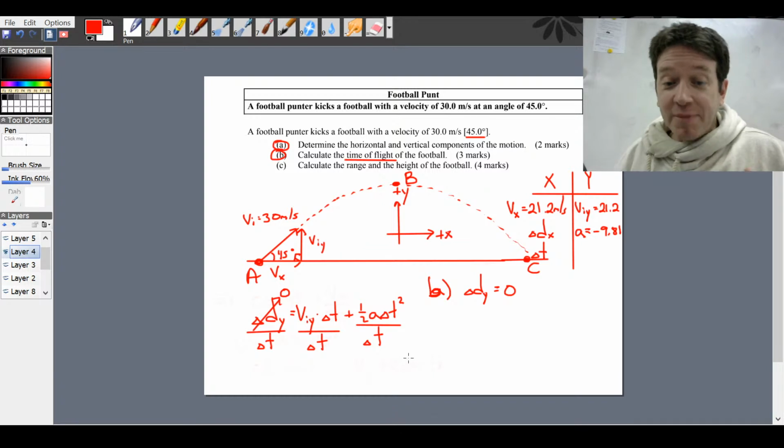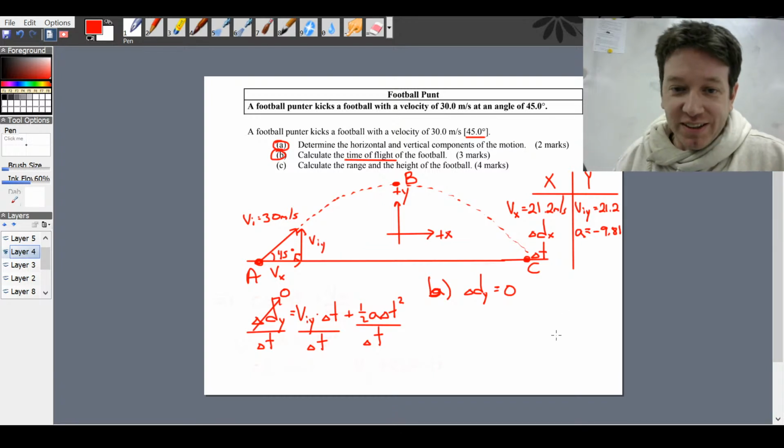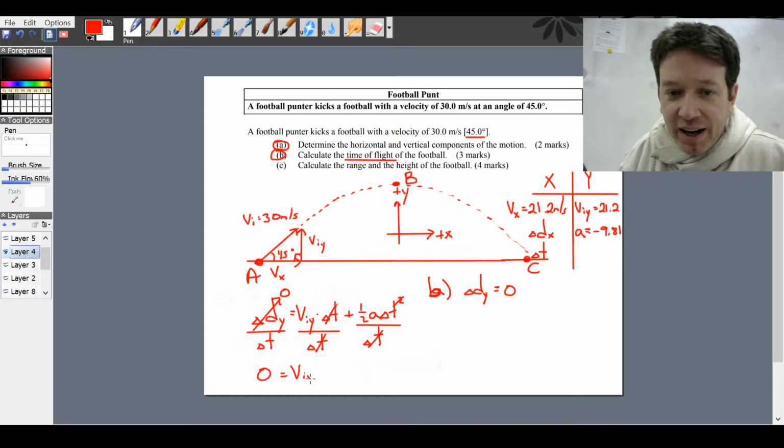But time can't be 0. It's the time of flight of the ball. It's a positive value. It's not 0. So here, time will cancel. Here, time cancels with one of them. And we're just left with 0 equals VIY plus 1/2 A delta t.